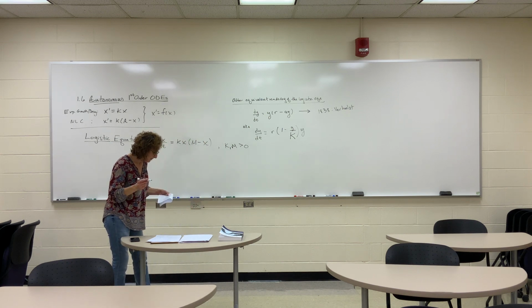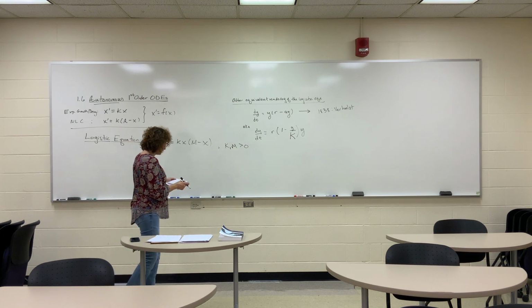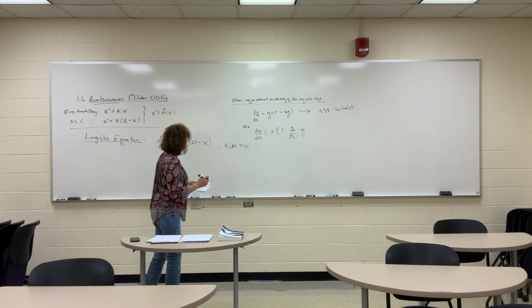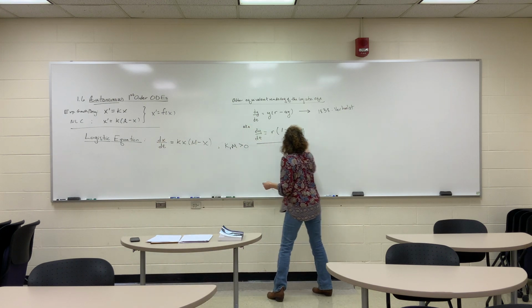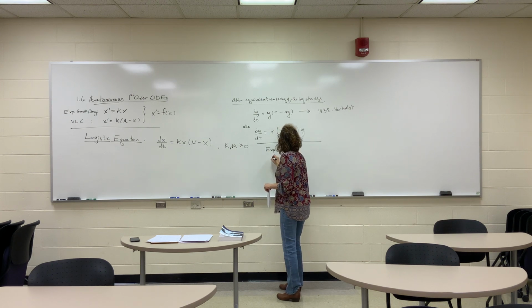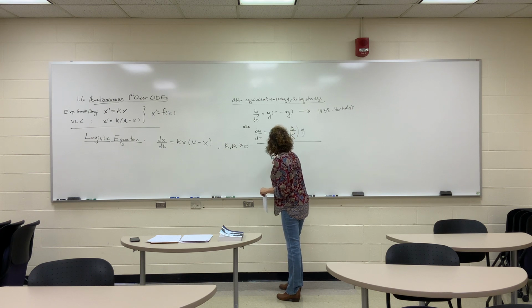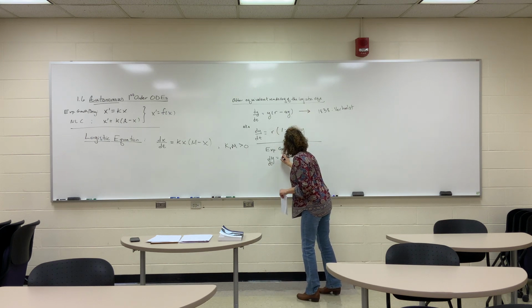Before we dive in and talk about it, let's talk a little bit about where it might have come from. If I think about exponential growth, let's write it in this form: dy/dt is ry, thinking about the original model.